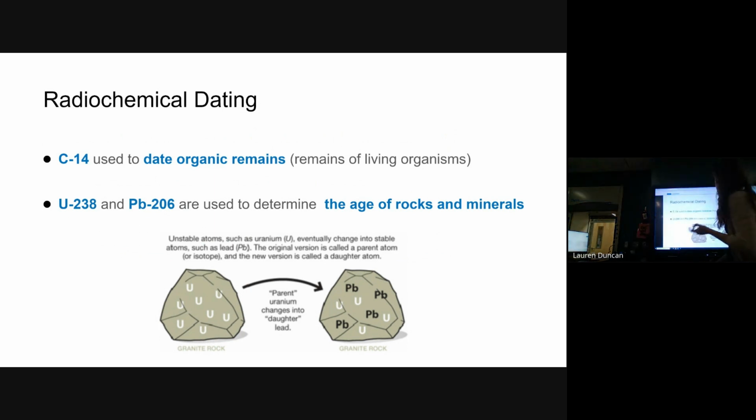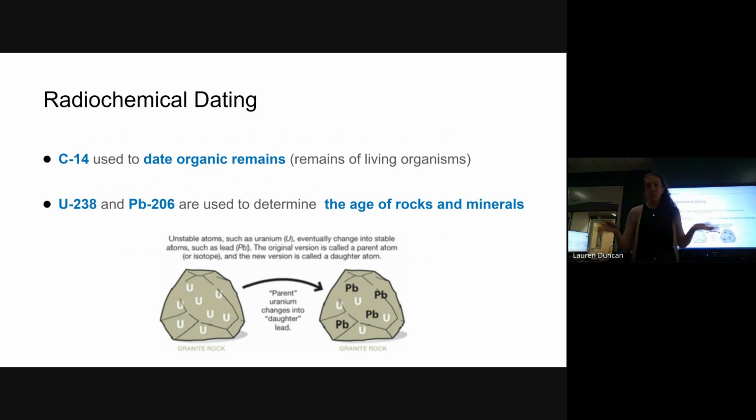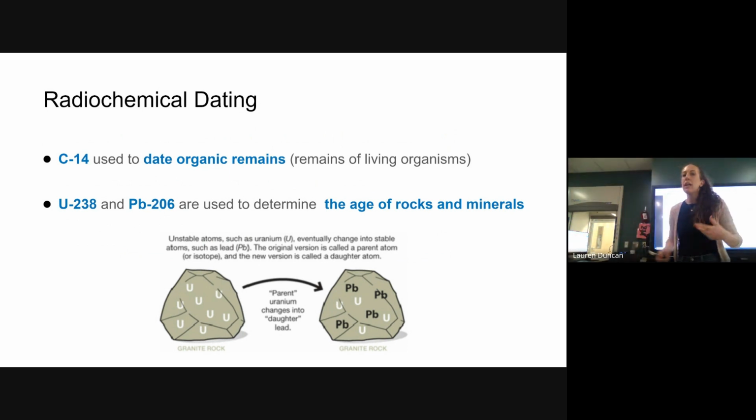The first is if you have organic remains, so the remains of something that was once living. Carbon-14 is used to date organic remains. So basically what happens is scientists dig up some specimen of something that was once living. Everything that's living, for the most part, has carbon in its body at some point in time.